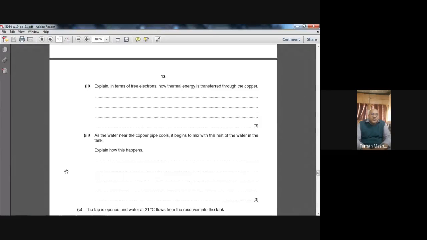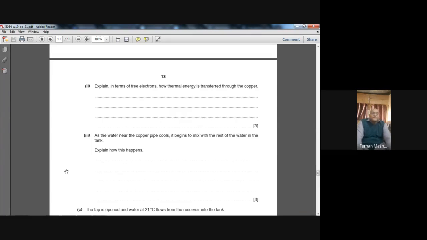The free electrons on the hotter side of the copper will absorb thermal energy and their kinetic energy will increase and they will flow to the colder end of the copper, and there they will collide with the atoms of the copper and make them vibrate vigorously.